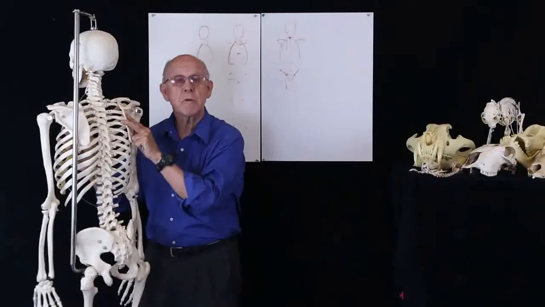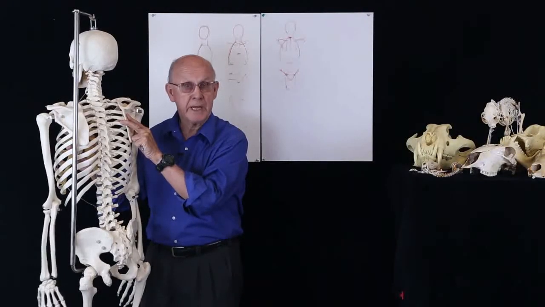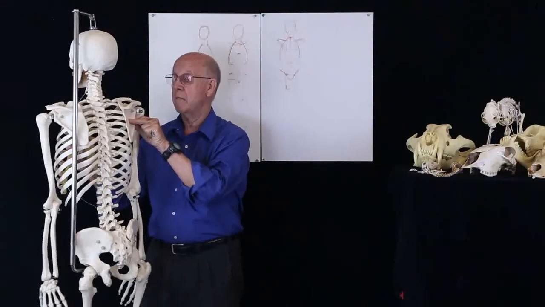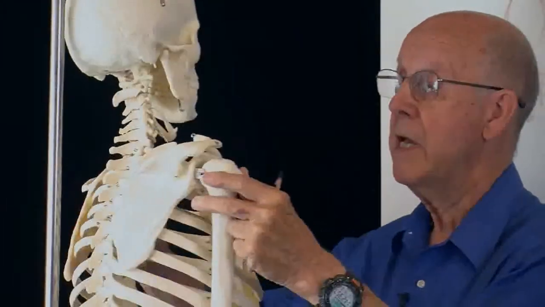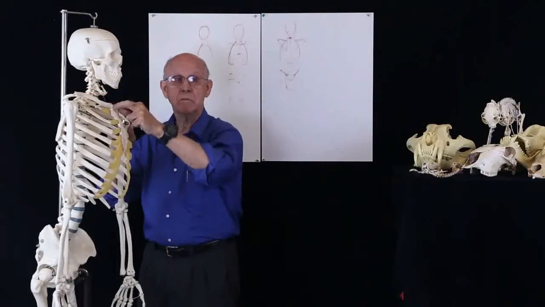Here's where we have one of the major differences between four-legged animals and us. Here we have the scapula, which is attached to the clavicle.